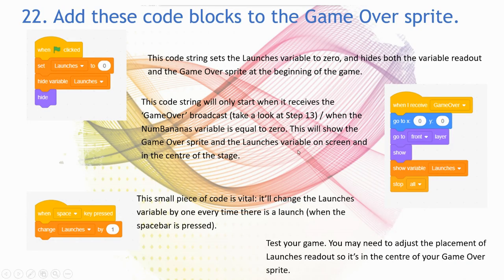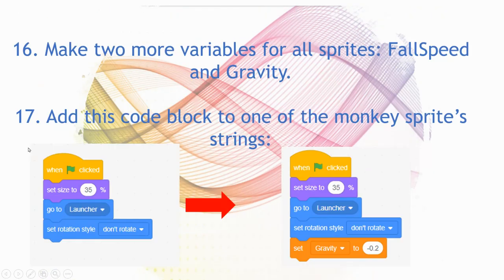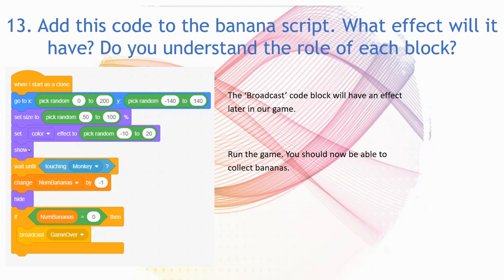Let's have a look at the next bit. This code string will only start when it receives the game over broadcast. So if you look back to step 13, I'm going to whiz through this in a second. We created a condition which was going to broadcast internally this message, game over. So if I go all the way back to step 13, let's have a look at it.